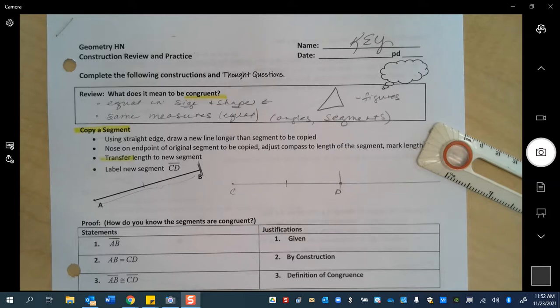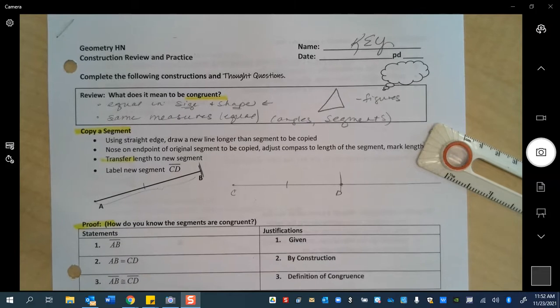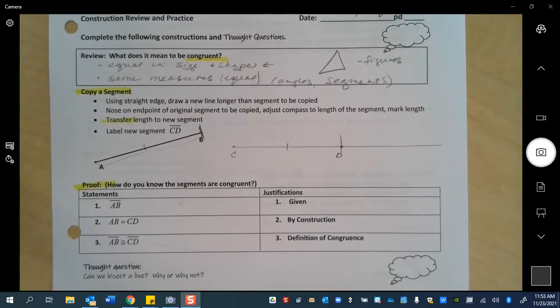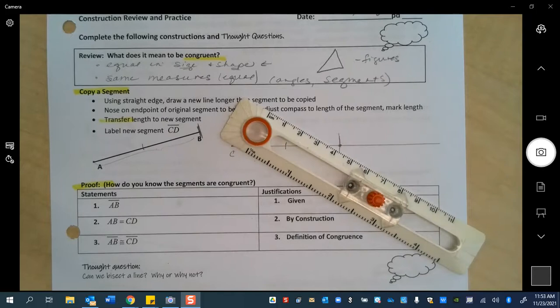Now what's interesting, what follows next, is we're going to start proving our constructions. And what I want you to do is take a minute and read through this proof and think about how simple it is. I was given line segment AB. By construction, I guaranteed that the distance from A to B was the same as the distance from C to D, and I guaranteed that by using my compass.